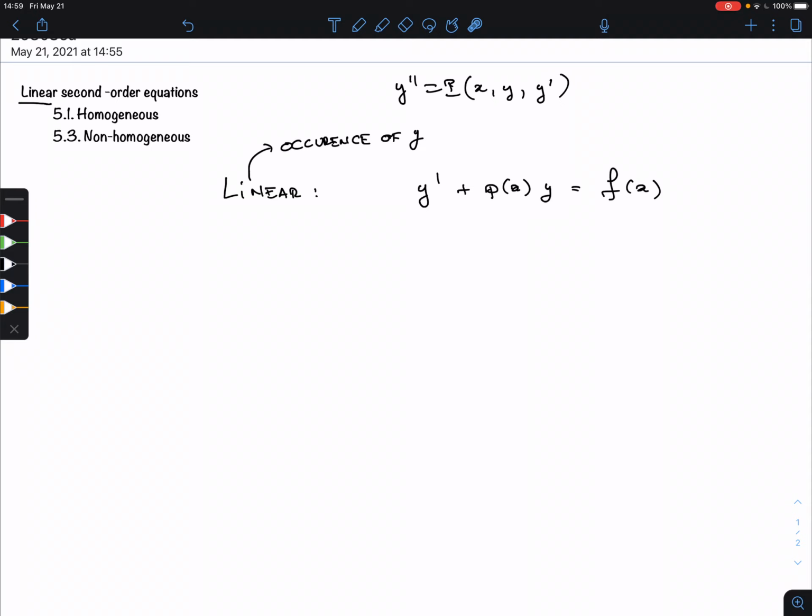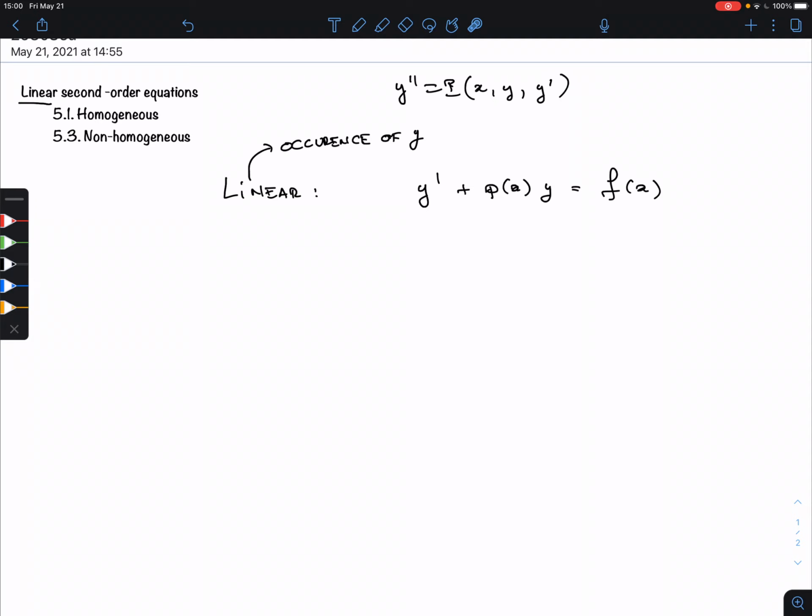Okay? Now, this is not the only ones we looked at. For instance, Bernoullis were not linear ones. So there were a few that we were able to solve, and also when we did separation of variables and exact. So these were not the only ones that we studied, but these were the ones that we could deal with the best in some sense. In principle, we can solve this.